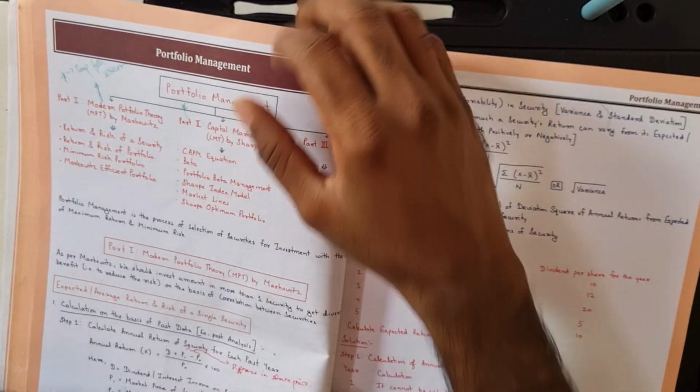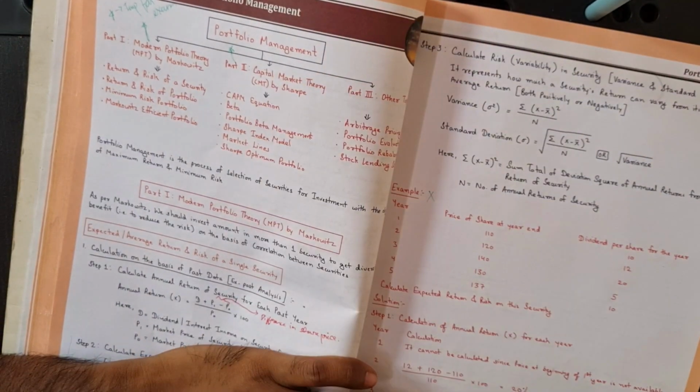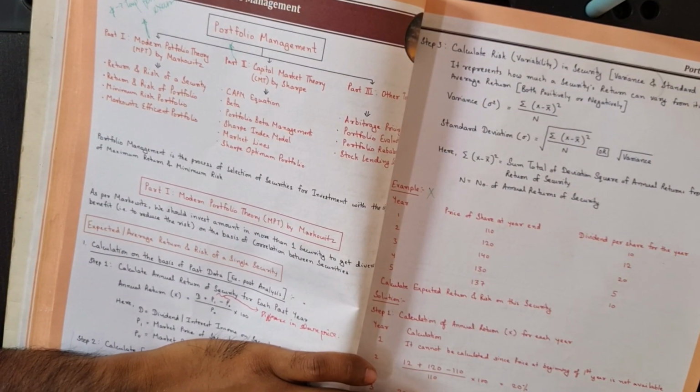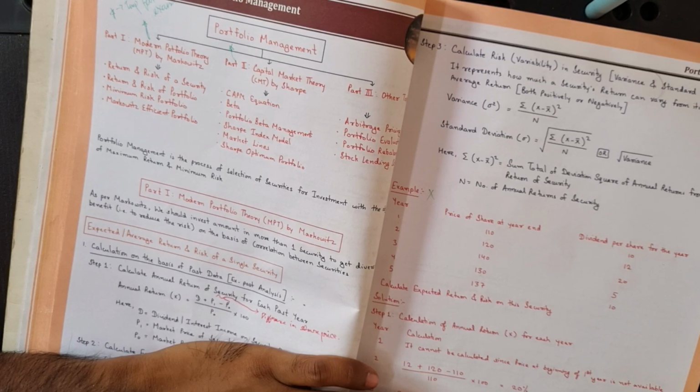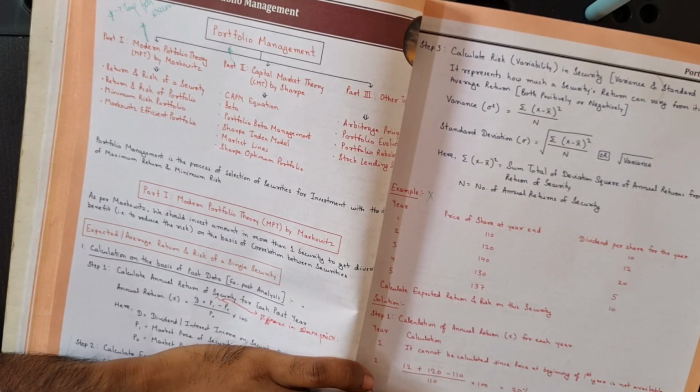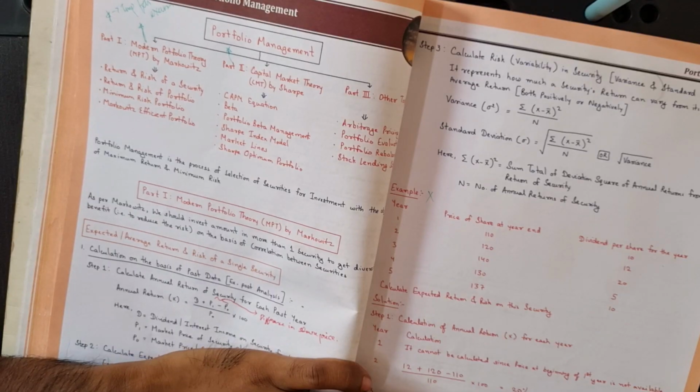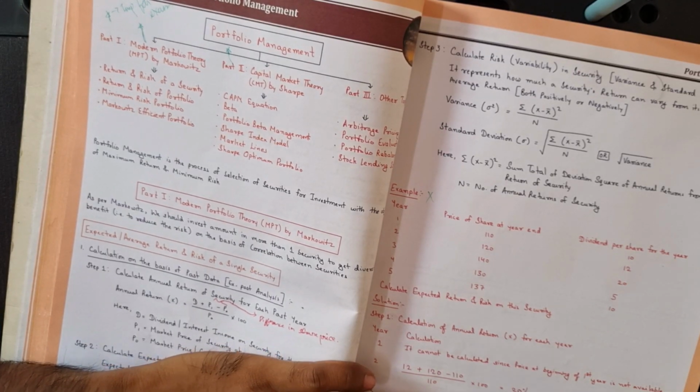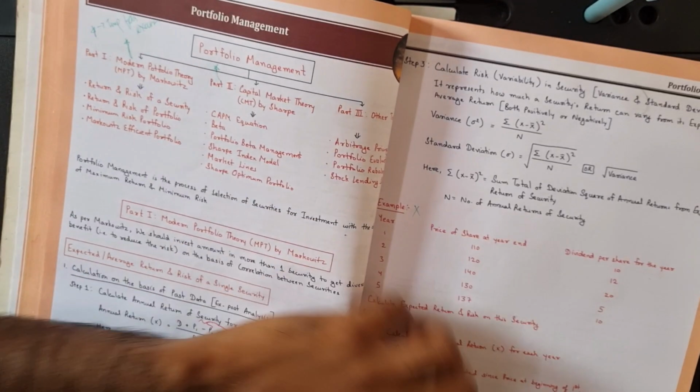So the first part will start with Markowitz modern portfolio theory, MPT. As per Markowitz, we should invest amount in more than one security to get diversified benefits, that is, to reduce the risk on the basis of correlation between securities. So what is Markowitz saying?